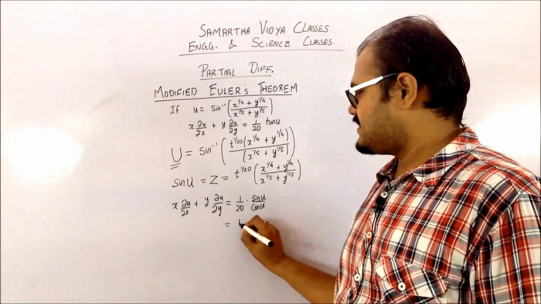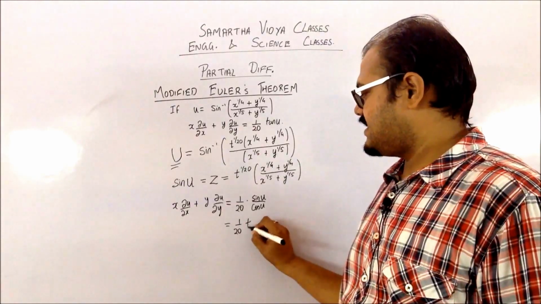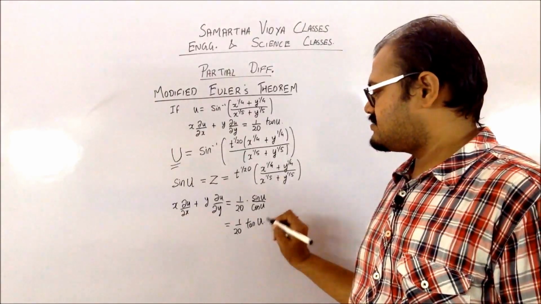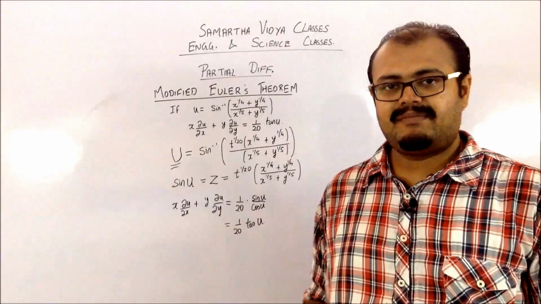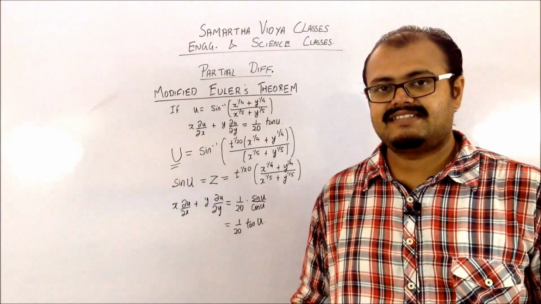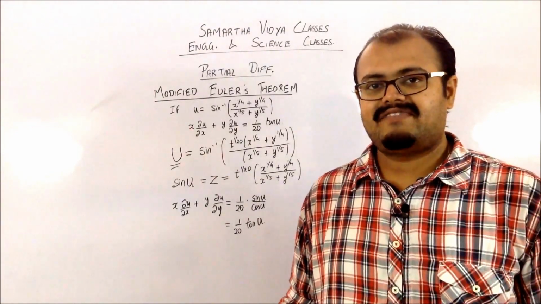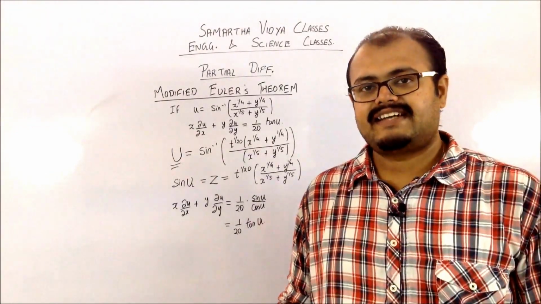So you are getting this as 1 by 20 tan u. So after you get this clear idea, the solving part of Euler's theorem is quite easy. You have to just understand when to apply it and which type to apply.